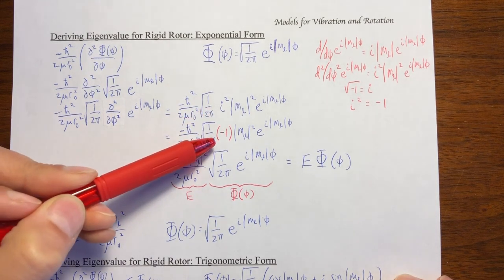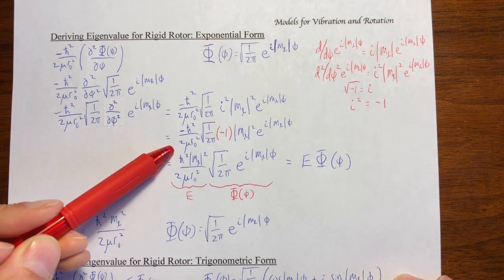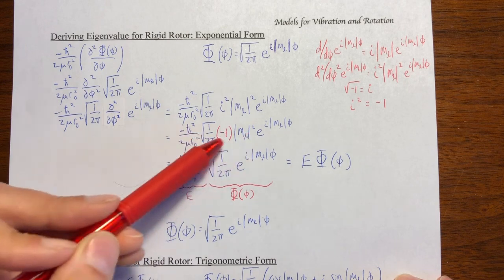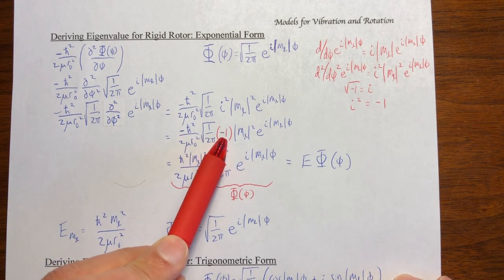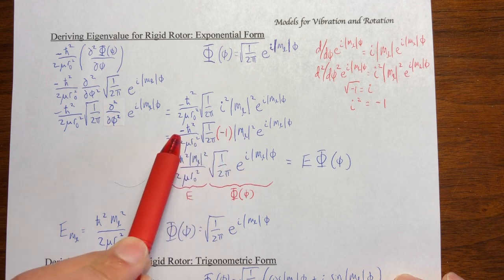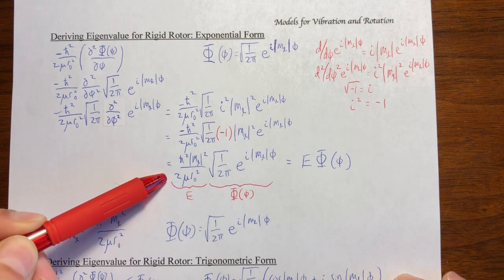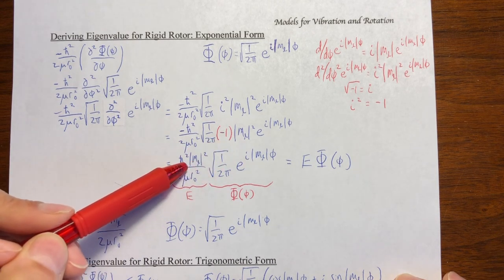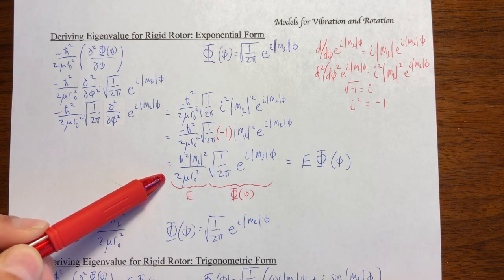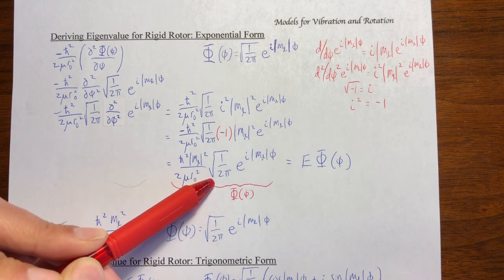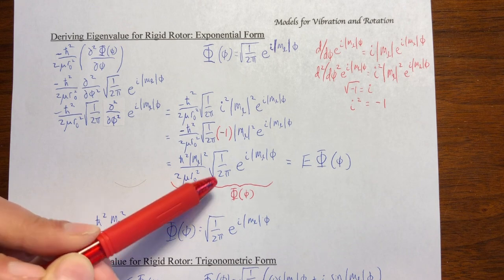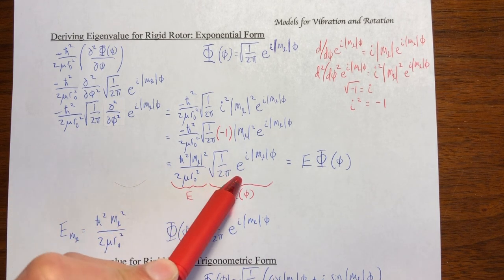Now i squared is equal to negative 1, and so when we plug that in, we get this expression here, and the negative 1 from our second derivative cancels with the negative 1 in front of our h bar squared, and that gives us our final expression, which is h bar squared times m sub l squared, which comes out in front as a constant, divided by 2 mu r naught squared times the square root of 1 over 2 pi times e raised to the i m sub l phi.